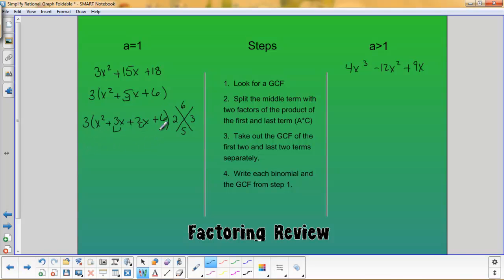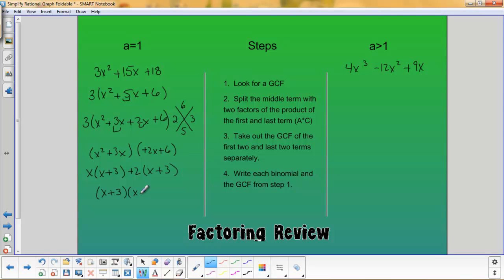Now we're going to focus on what's inside the parentheses, do some 4-term grouping here. And we take the GCF of each of these groups separately. Remember, this is your checkpoint. These two are the same, so that's your first factor pair, or binomial, sorry.